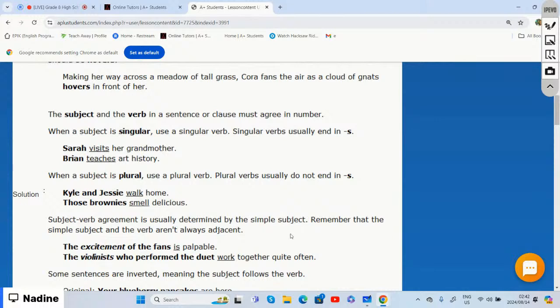And if we look at the examples, it says Sarah visits her grandmother. So if we are only referring to one person doing an action, we add an S or we add an ES.